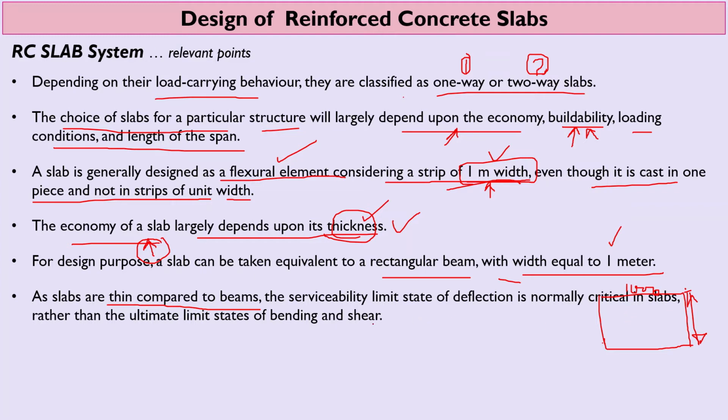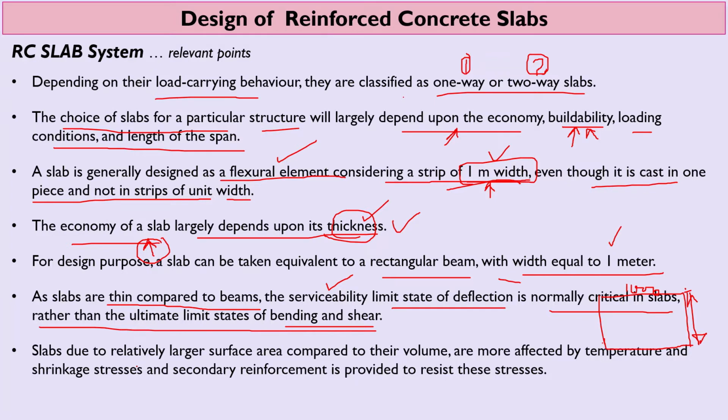But in the case of slabs, you will find that most slabs have a thickness ranging from 150 mm to 200 or 220 mm. So the serviceability limit state of deflection is normally critical in these types of slabs, rather than the ultimate limit state of bending and shear. A very important aspect of slab design is serviceability, which we have to take into consideration carefully.